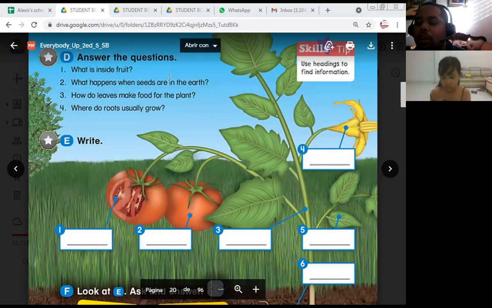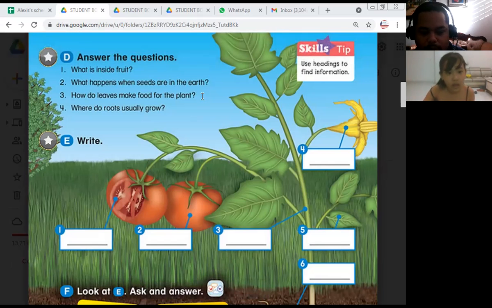And let me ask you another question. Number two, what happens when seeds are in the earth? They will grow. That is correct. So let's continue with number three. How do leaves make food for the plant?